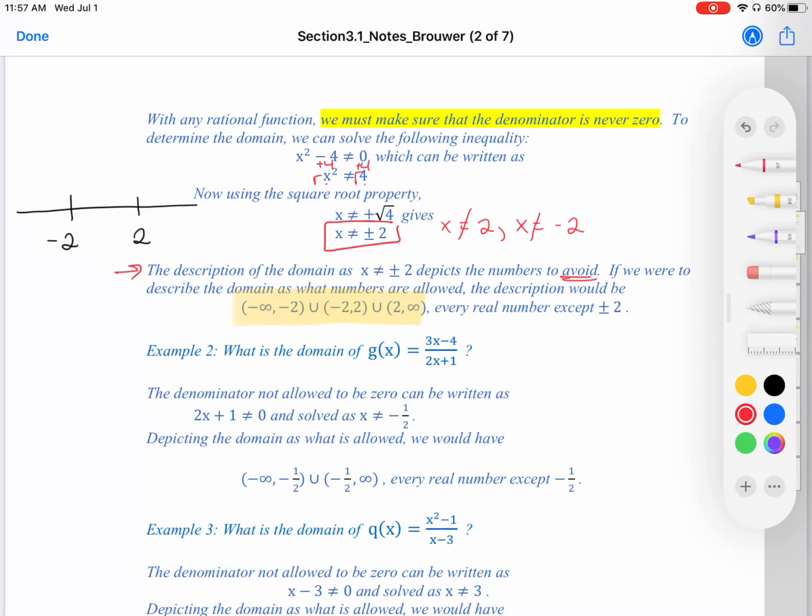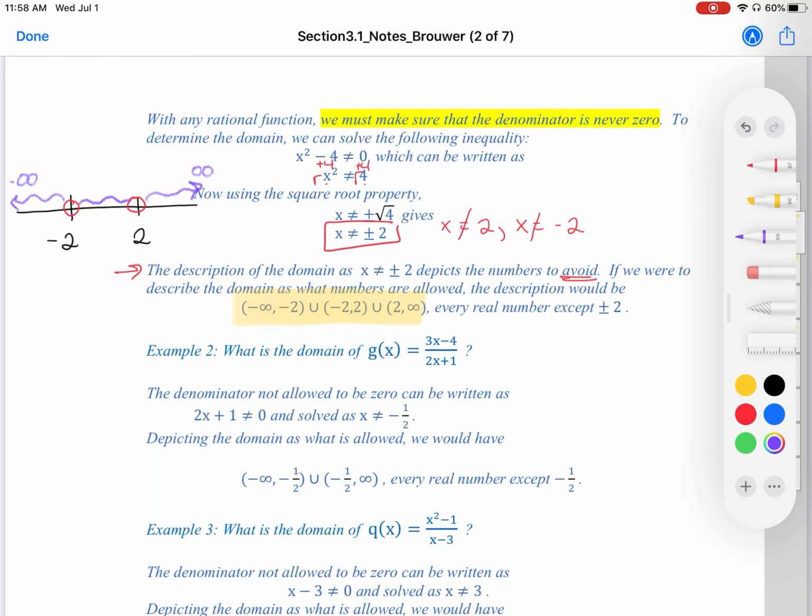And we're saying that it can't be those numbers, right? In notation for number lines, we like to use an open circle to show that we have a hole in our argument. So what numbers work? The numbers that work are every number in between, every number bigger than 2, and every number smaller than -2. So to negative infinity and to positive infinity.